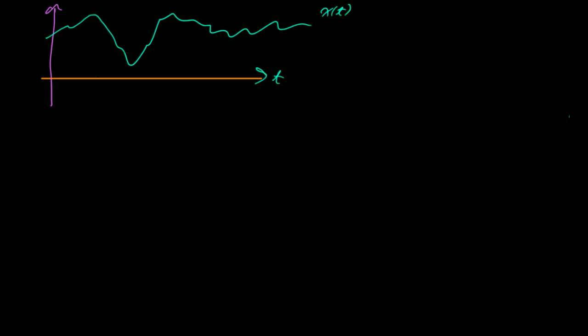Anyway, so I have some signal x of t. I don't really care what it is. Okay, and we said that the equivalent of sampling is multiplying this by an impulse train.